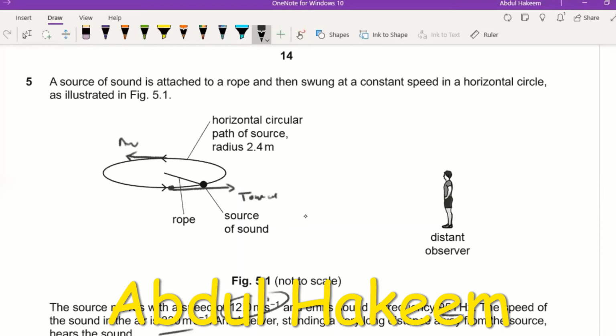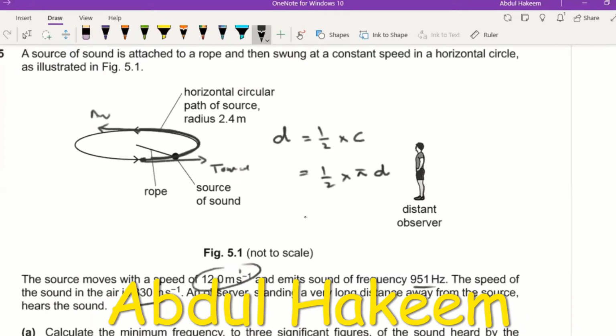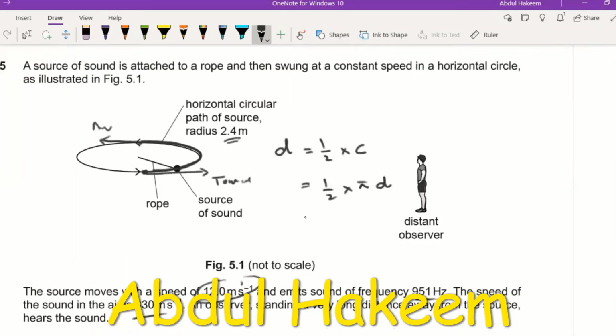So by changing the position from towards to away, half of the circumference distance is covered. So the circumference 1 by 2 is pi into diameter, and the diameter is given 2.4.